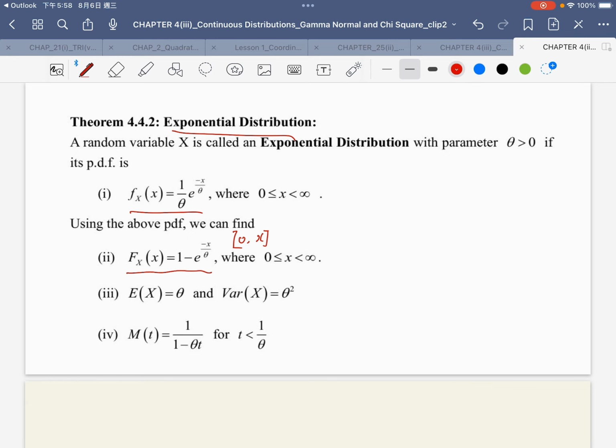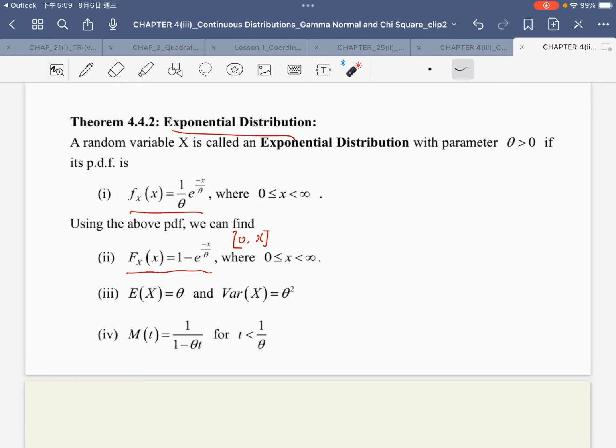Therefore, the corresponding probability density function also has its meaning, but that is of relative interest. It means there is at least one occurrence, one trial in the interval.